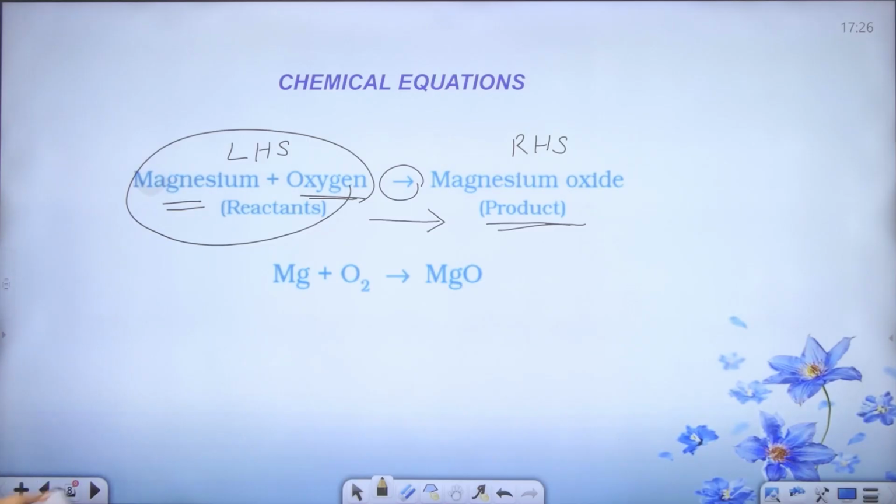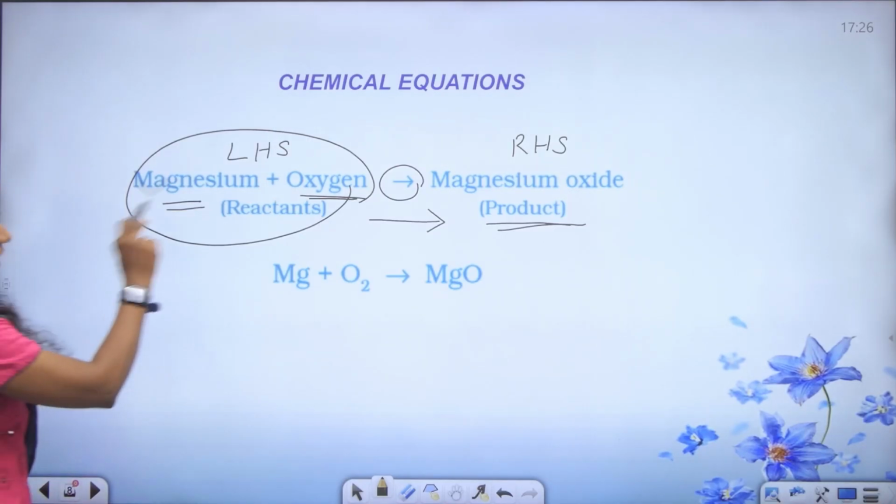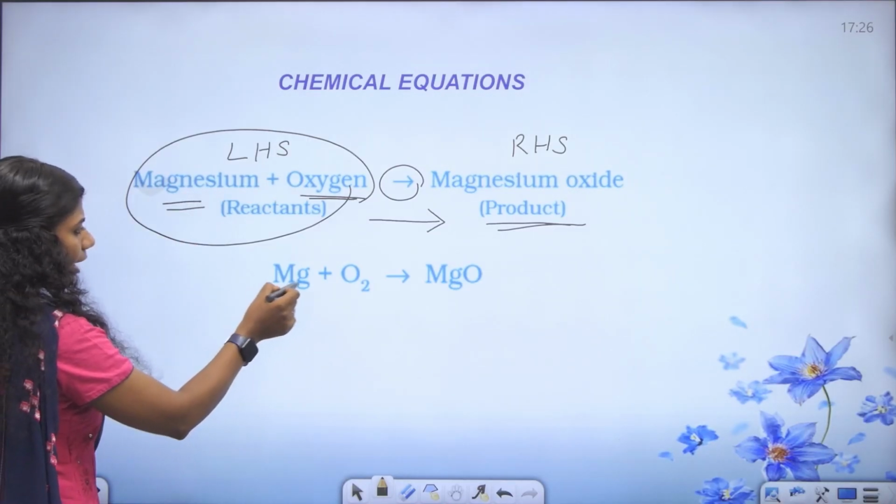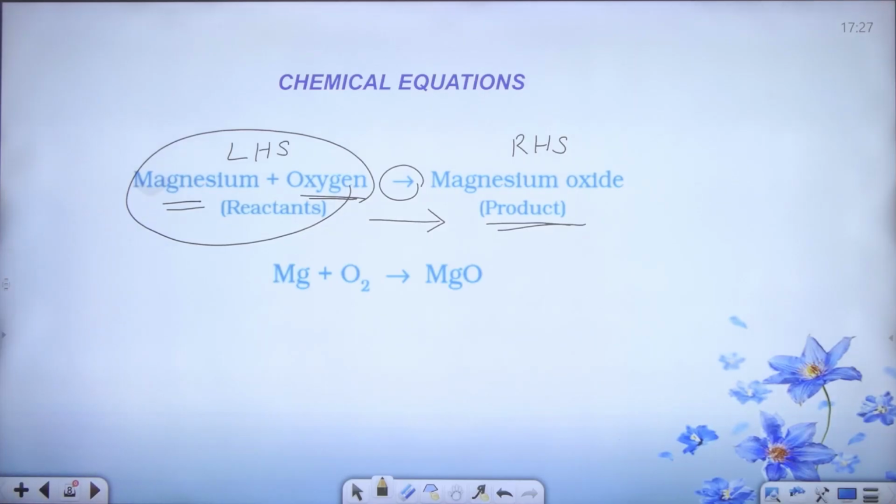Then magnesium. We know that the symbol of magnesium is Mg. It reacts with oxygen. Oxygen is O2. Mg plus O2 gives MgO. MgO is magnesium oxide. This is the chemical equation.